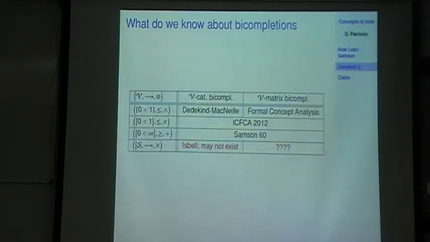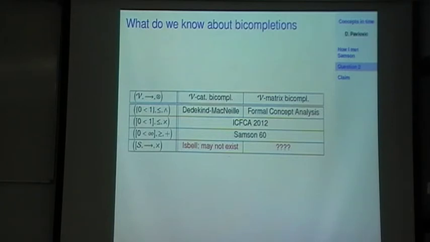So here's what we know. Dedekind-MacNeille completion gives us the bicompletion enriched in a Boolean algebra with two elements, and V-matrix bicompletion is the staple of concept analysis.